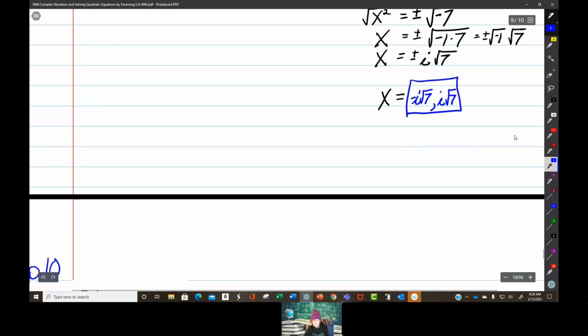If they did, this is how you would write it. This will take more room. So I'm going to leave that open and close it later. 0 minus i times the square root of 7, comma 0 plus i times the square root of 7.